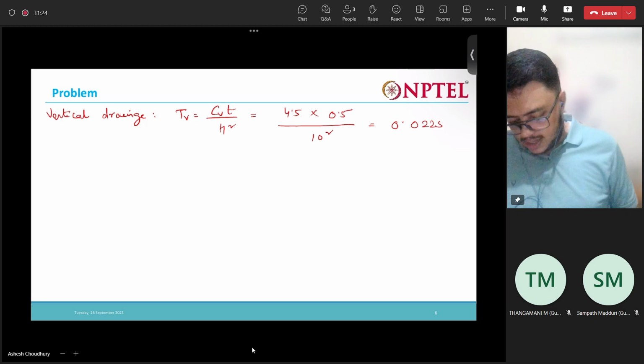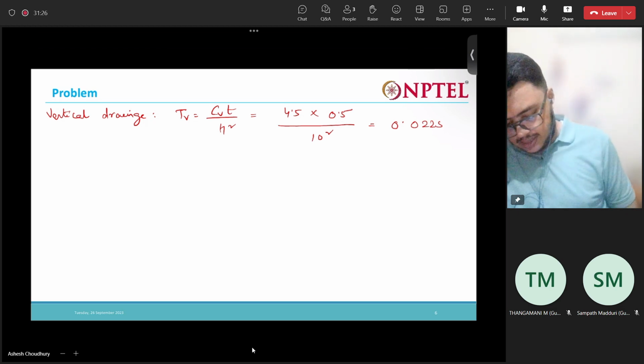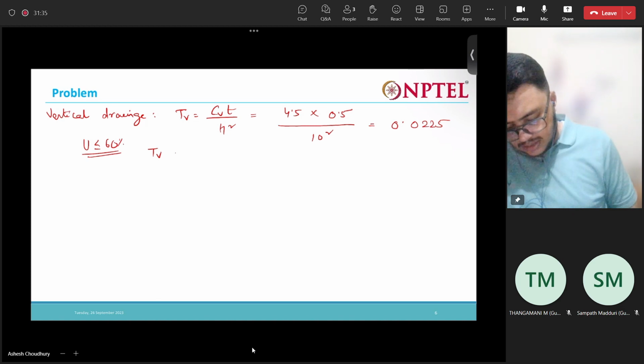Now for degree of consolidation less than or equal to 60%, what is TV? TV is pi by 4 times U squared.